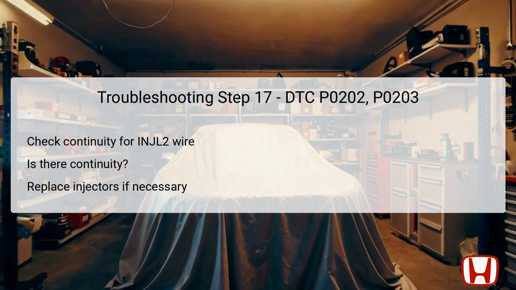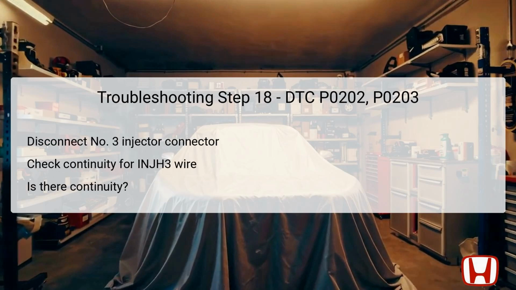If both INJH2 and INJL2 circuits function correctly, yet issues persist, it advises replacement of the entire set of fuel injectors to ensure uniform performance across all cylinders, enhancing reliability and efficiency.